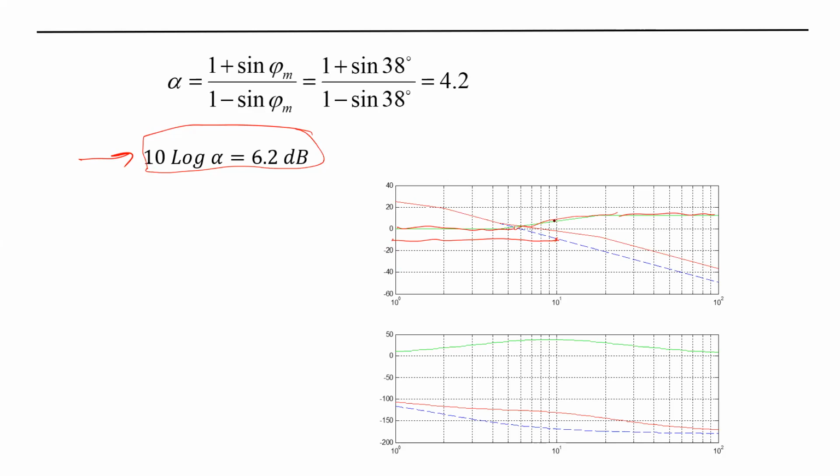Then if I add this to this one, what will happen to the overall system? What is the dB of the overall system? In this place, I'm adding 6.2. What I'm saying is, where do I position?